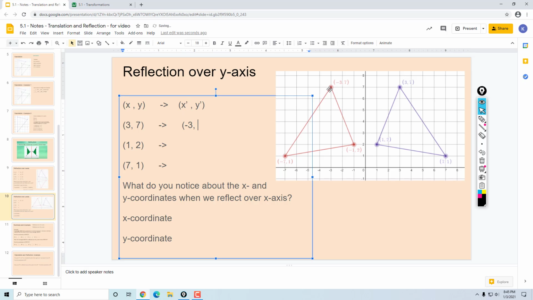So this time the x changes. 1, 2 becomes -1, 2. 7, 1 becomes -7, 1. So when we reflect over the y-axis, not x-axis, sorry, y-axis, the x-coordinate, we multiply by -1. Positive becomes negative, negative becomes positive. The y-coordinate stays the same.